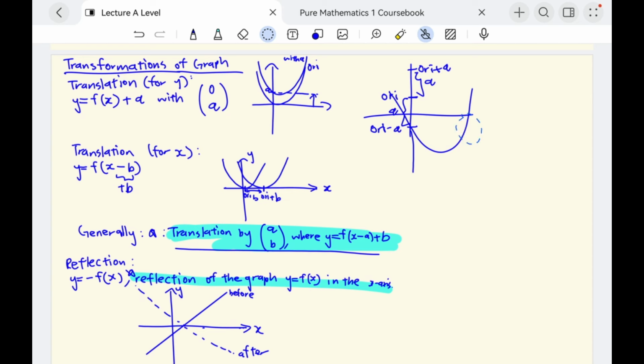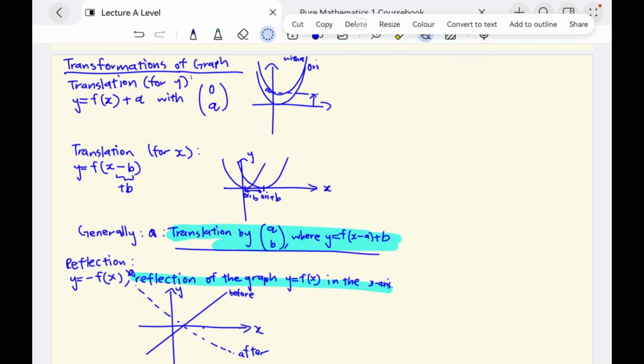So generally for the translation for the y, it moves with the sign. When it is plus a outside, it moves upwards. When the a is negative, the graph moves downwards. But for the x it is opposite, because you only change the domain inside, you change the x inside.